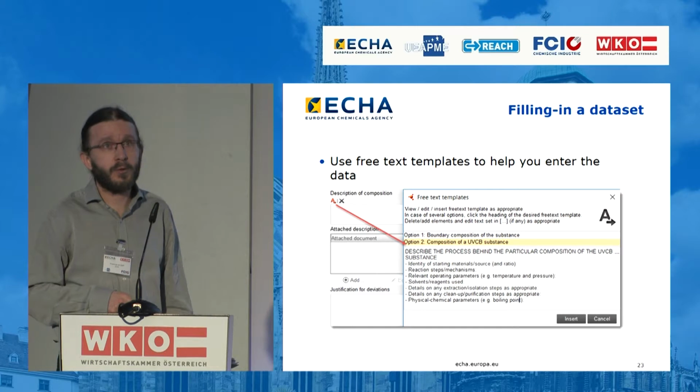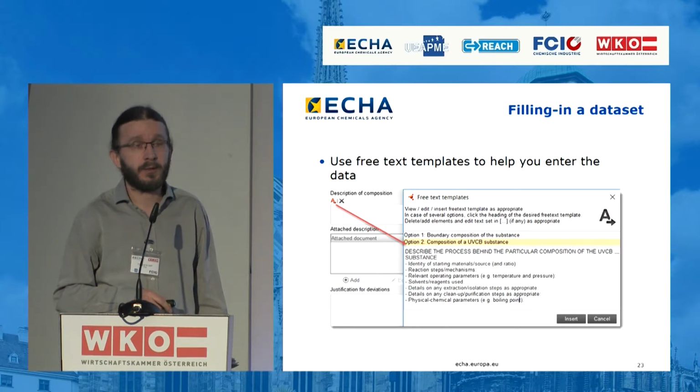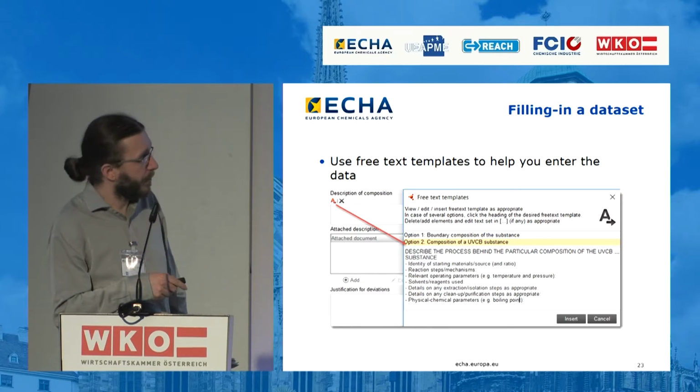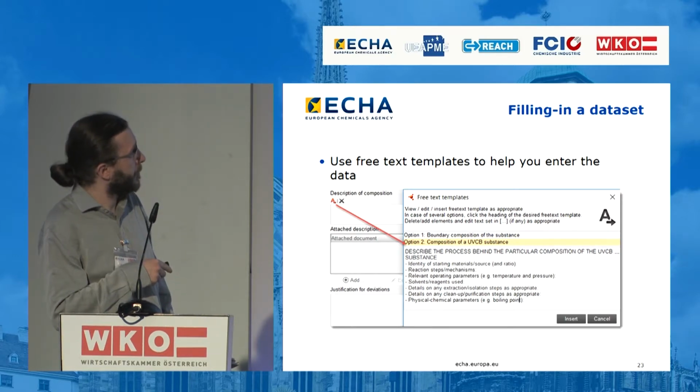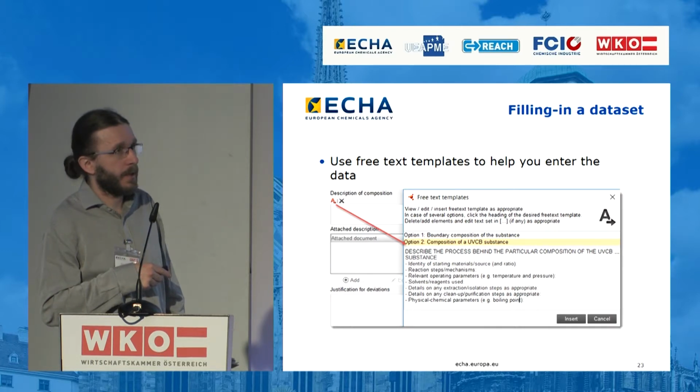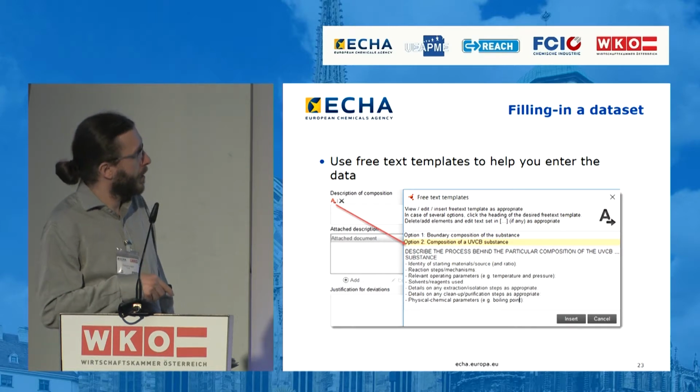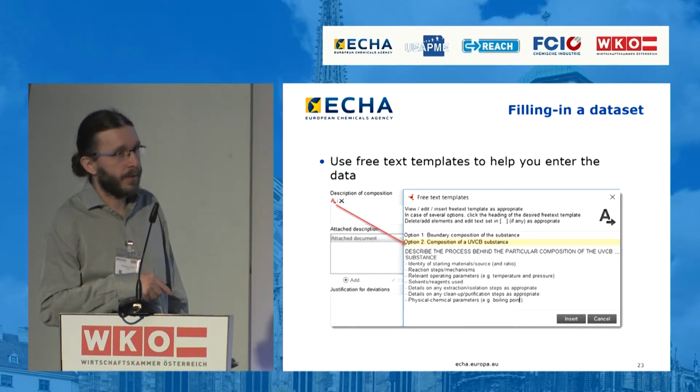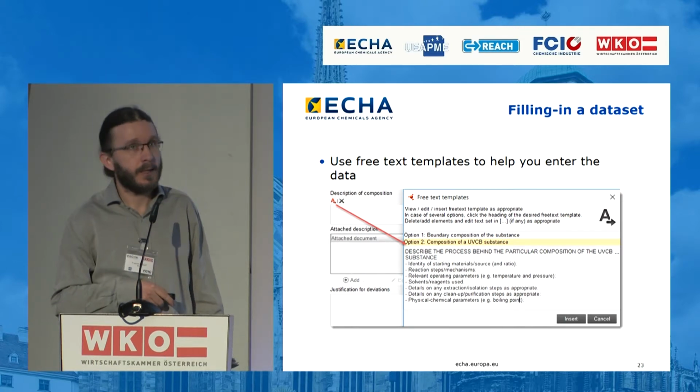Some tips on how to fill in data in the forms. In some places, you will see some fields that have this icon with the A and an arrow. This is what we call the text templates. It gives you a structure for the field to help you identify exactly what you need to provide in this field.